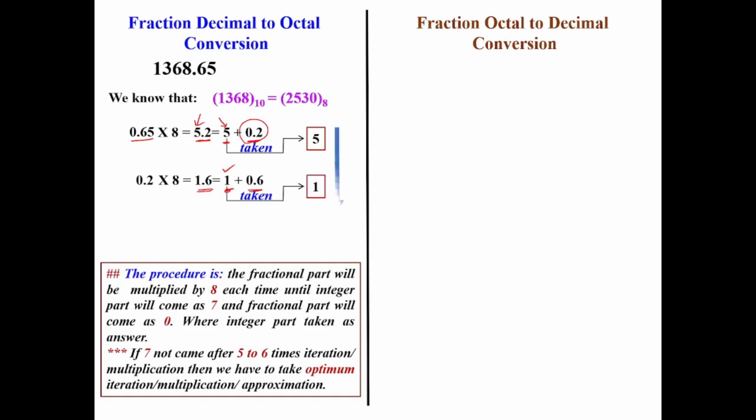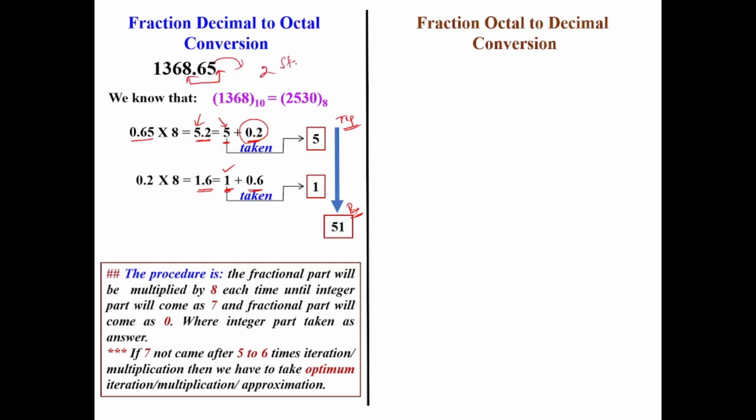Again 0.6 would be considered for the next multiplication by 8. So here we consider 2 iterations and check whether it is an approximate value or not. For this 2-step iteration, the answer from top to bottom is 5 1. That means the decimal number 0.65 is converted to the octal number 0.51 by 2-step iteration.